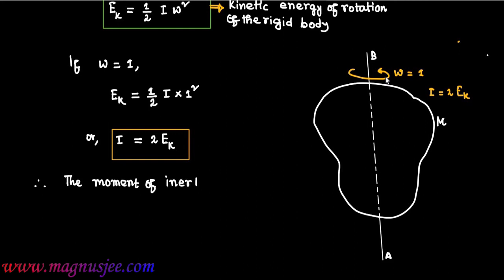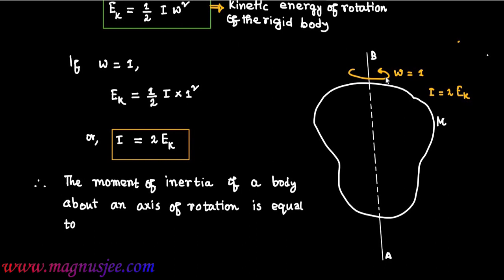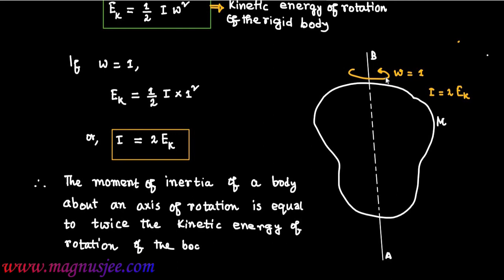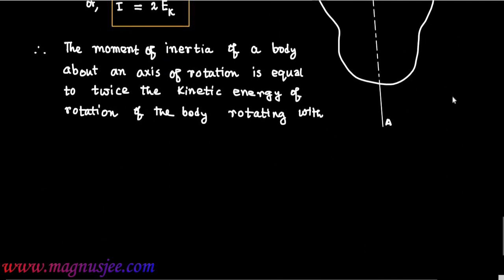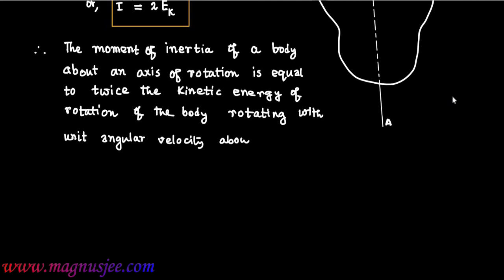Therefore, the moment of inertia of a body about an axis of rotation is equal to twice the kinetic energy of rotation of the body rotating with unit angular velocity about the given axis of rotation.